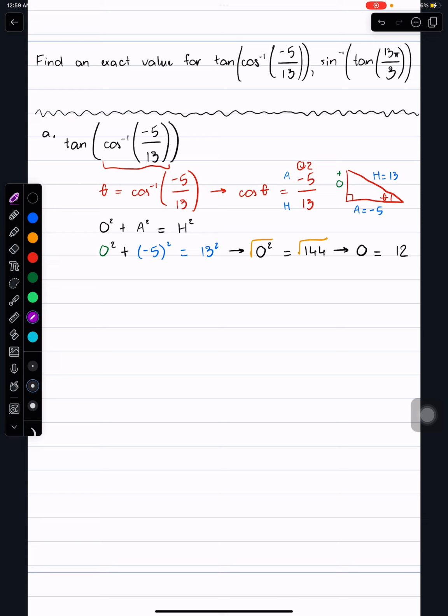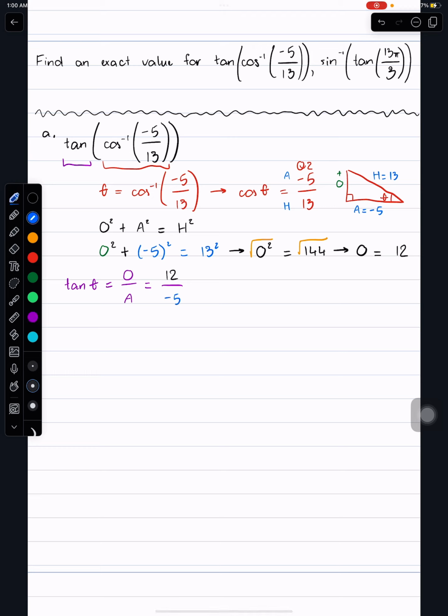they're asking us for tangent. Let me put it in purple. If the red one is theta, then tangent of theta, by SOHCAHTOA, tangent is TOA, which is opposite divided by adjacent. Back in the triangle, we see that the opposite equals the positive 12 that we just found, and the adjacent is given from the problem, a -5.